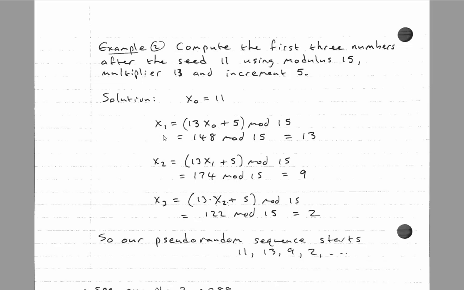Then x sub 1 is 13 times the first number plus 5: 13 times 11 plus 5 is 148. Work that out mod 15 and you get 13. The remainder when you divide 148 by 15 is 13, so that's x sub 1.